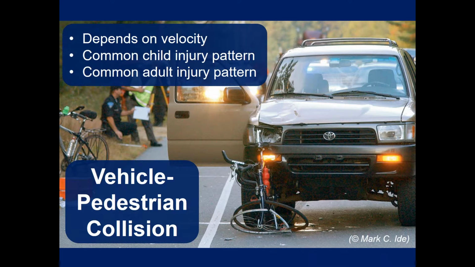Kids, on the other hand, have that whole deer in headlight reaction. And a lot of the times when a child is about to be hit by a car, they turn and face it and almost like open up their arms and look right at it because they're scared and they panic and they freeze and don't know what to do. Add to that kids are a lot lower to the ground, and we'll start to see some chest and head injuries.